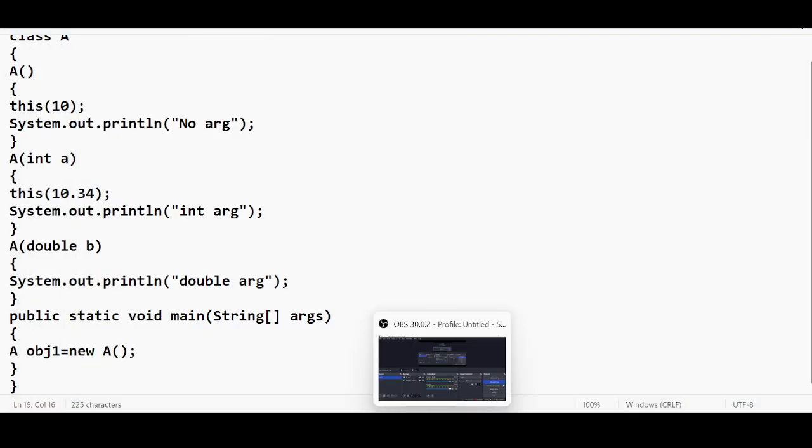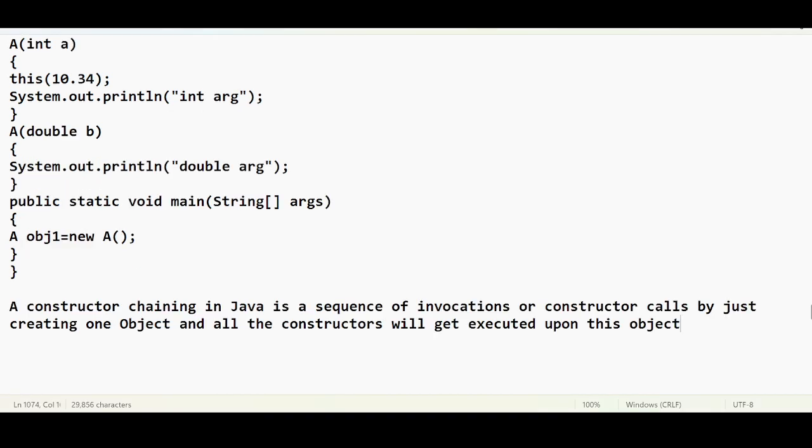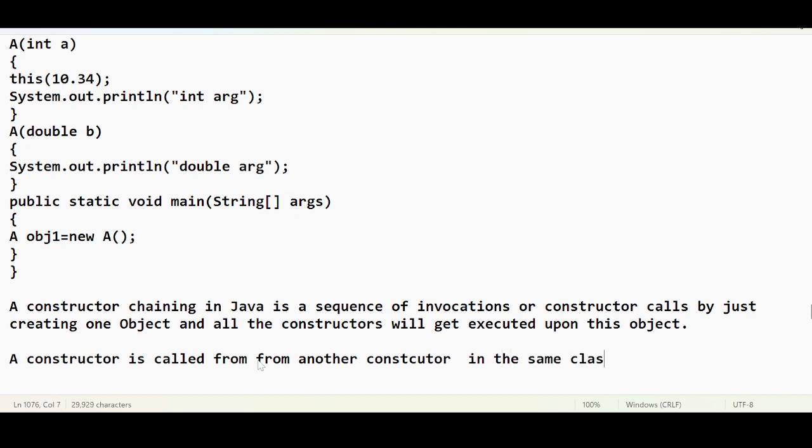Second observation is that a constructor is called from another constructor, and a constructor is called from another constructor in the same class.